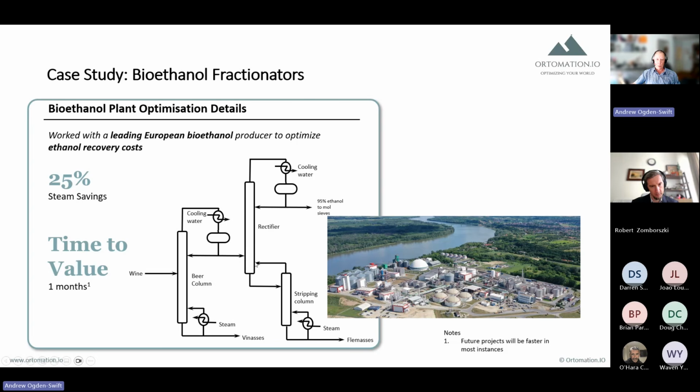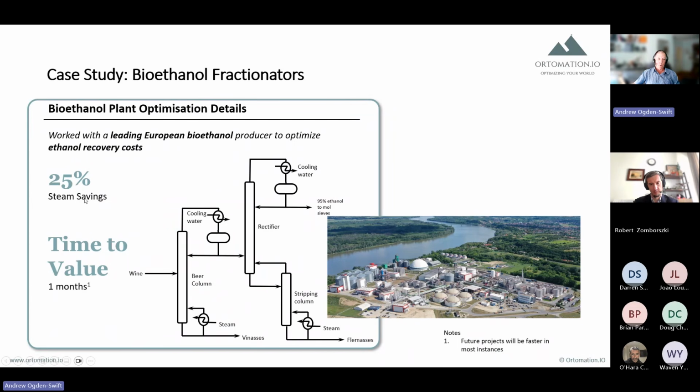That goes into 2 other columns, and out the top you get 95% ethanol that goes to molecular sieves for further purification, and then this water plus small amounts of ethanol coming out the bottom.